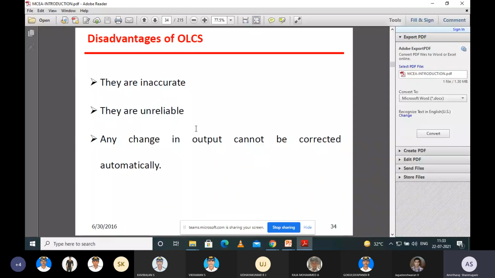If we measure the output, then only can we adjust and get the accurate output. That is why it is not accurate. Also unreliable. For the last point, without the feedback, we cannot correct the output automatically. Any change in the output cannot be corrected automatically. Okay, these are some advantages and disadvantages.